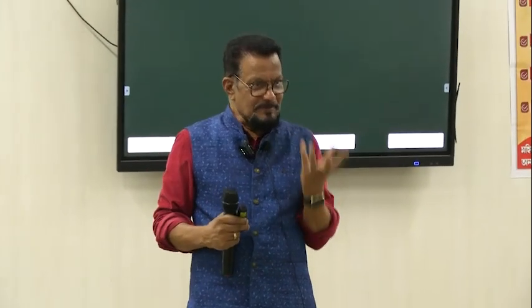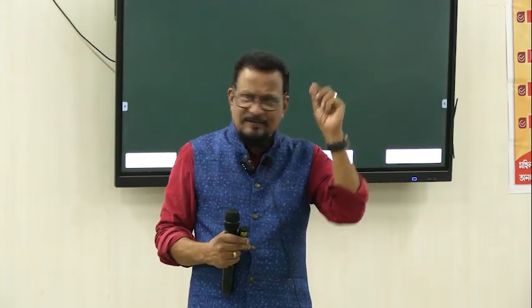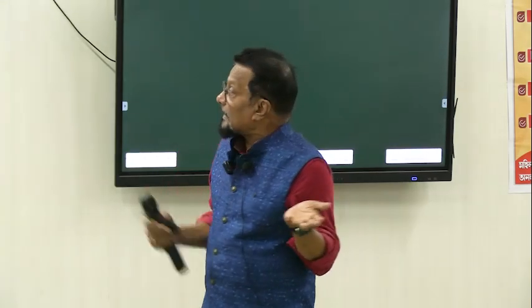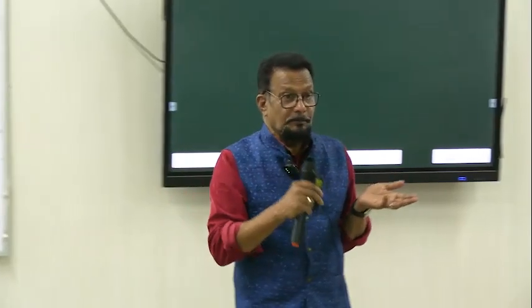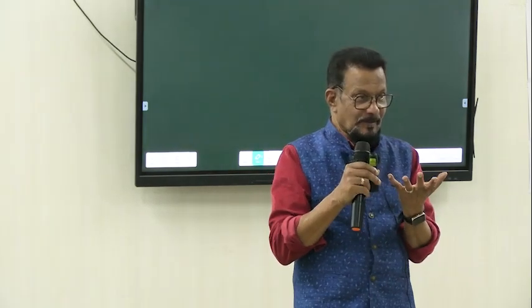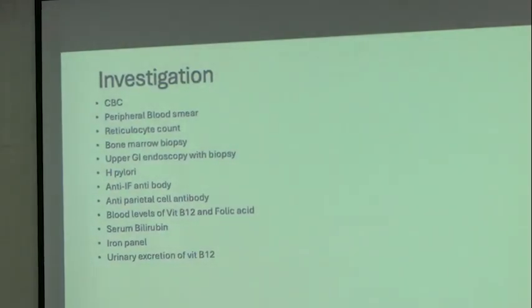Means RBC count, WBC count, platelet count, and different indices, MCV, MCH, MCHC. And there I also advised peripheral blood smear. We do it to identify whether there are abnormal cells. So for that purpose, I have also advised peripheral blood smear. Then reticulocyte count.